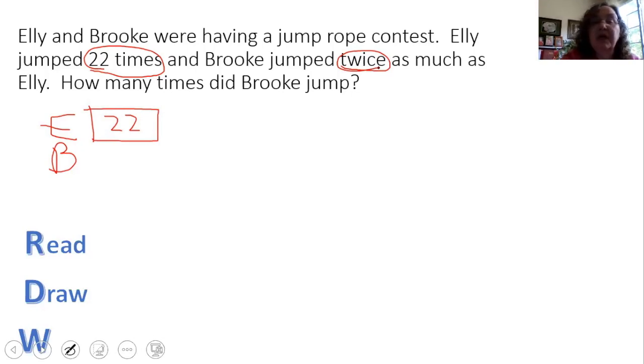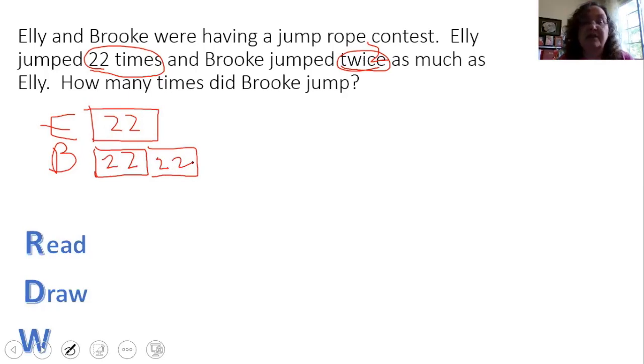Two times as much, right? So I know that if Ellie jumped 22, Brooke jumps 2 22s because that would be twice as much. What multiplication sentence does this make you think about? Because we want to know how many times did Brooke jump.